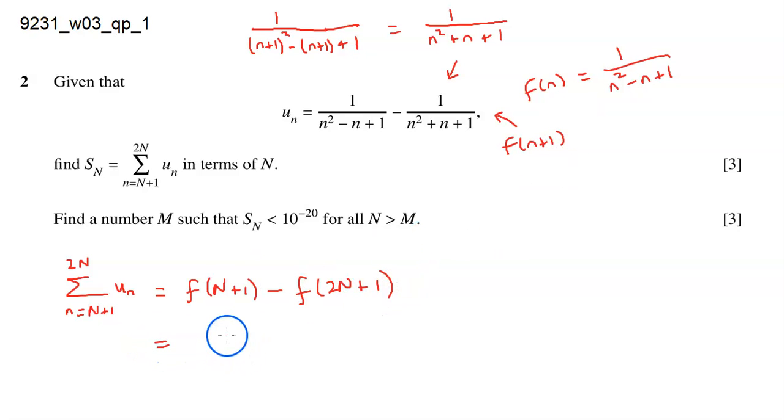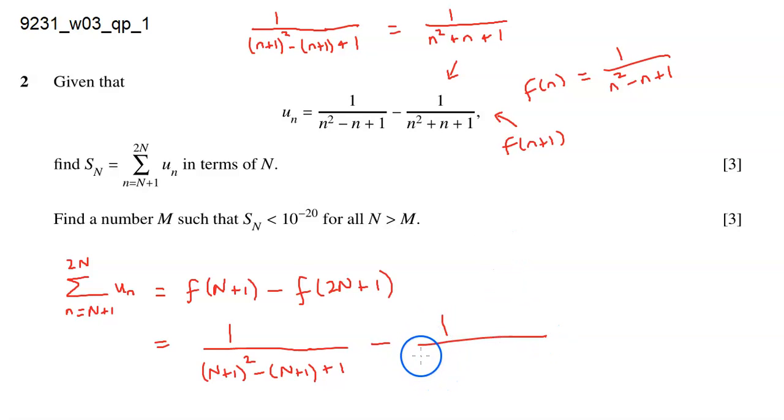And so that is going to be equal to 1 divided by n plus 1 squared minus n plus 1 plus 1, which I mean, we already figured out that it's this thing here, so I wasted a little bit of time there writing that out, but that's okay. Minus 1 divided by 2n plus 1 squared minus 2n plus 1, and then plus 1.